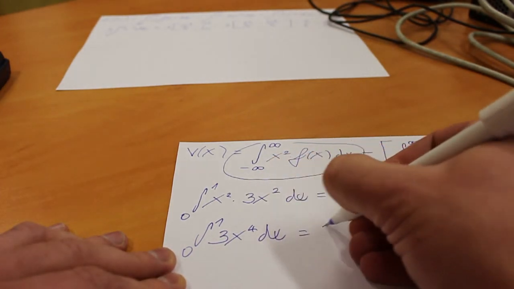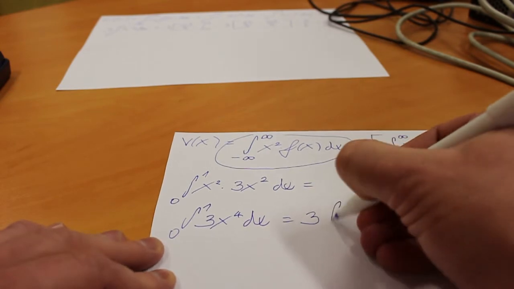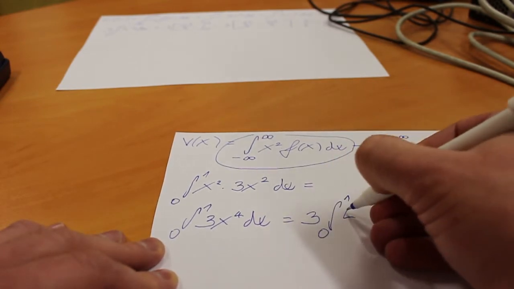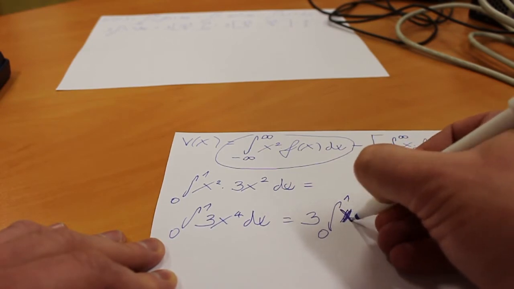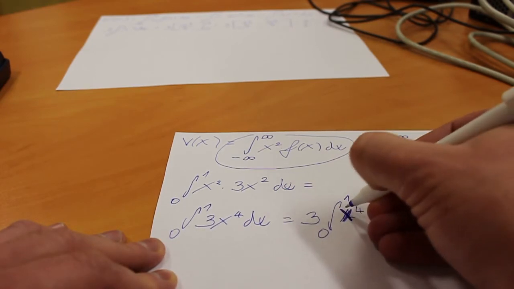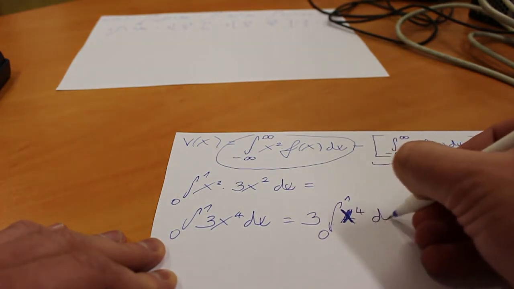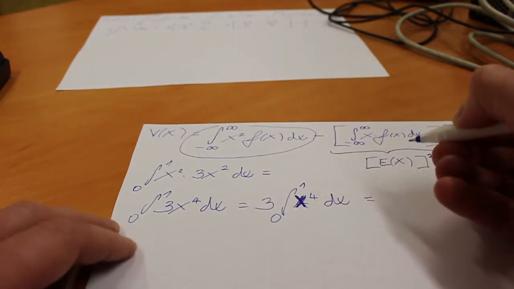This is equal to 3 in front of the integral from 0 to 1 of x to the power of 4 dx.